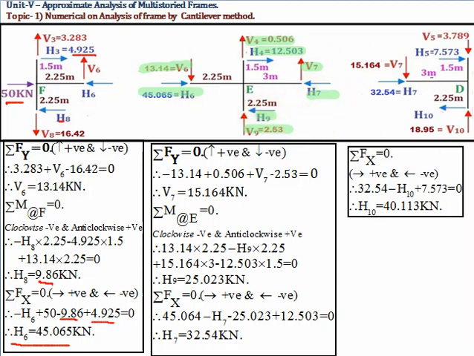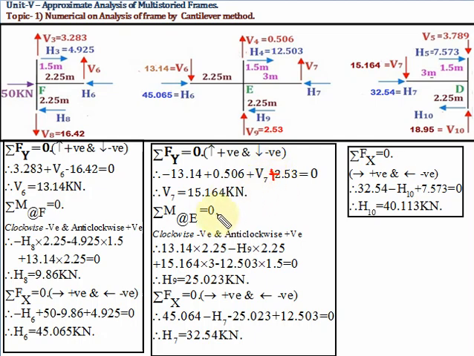Again we'll apply the first equilibrium equation, that is summation of Fy equal to 0, upward positive, downward negative. Now 13.14 acting downward, minus. 5.06 acting upward, plus. V7 acting upward, plus. 2.53 acting, oh here is one missed, it should be plus.